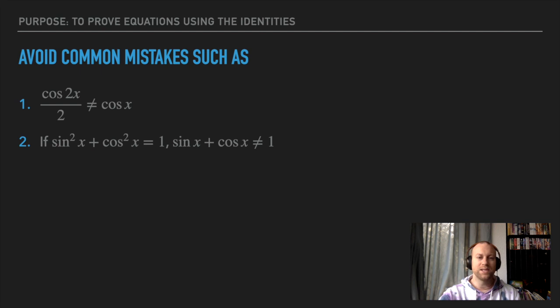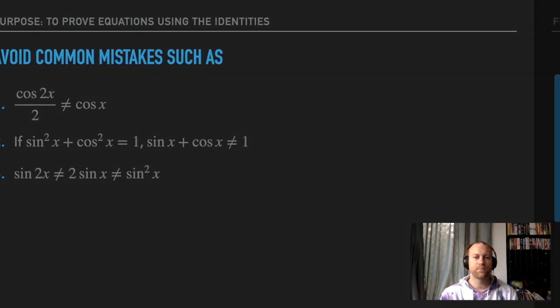Another thing is you cannot just take the square root of every term. So if I have sine squared x plus cosine squared x equals 1, you cannot just get rid of the squares. It does not work. And also, recognizing a double angle, or a 2 times a sine, or a squared are 3 different things. So do not mistake each of those. Where the 2 is placed makes a big difference.